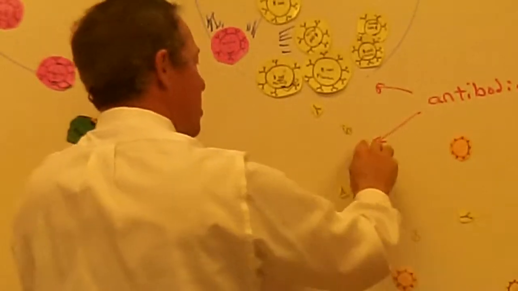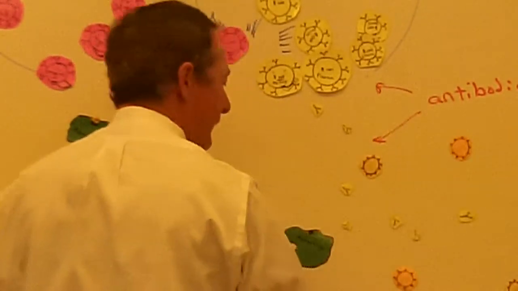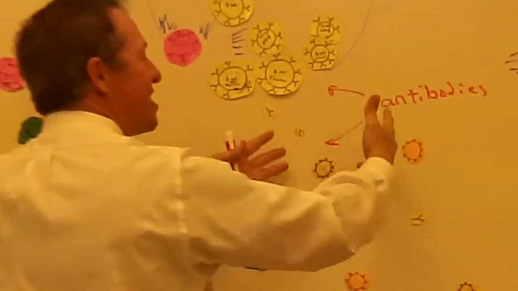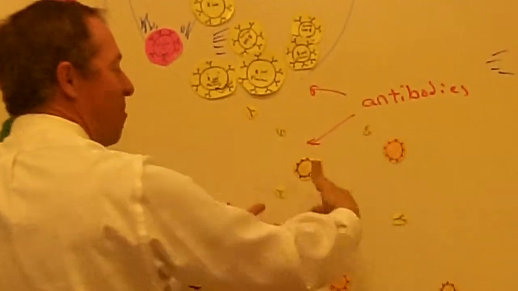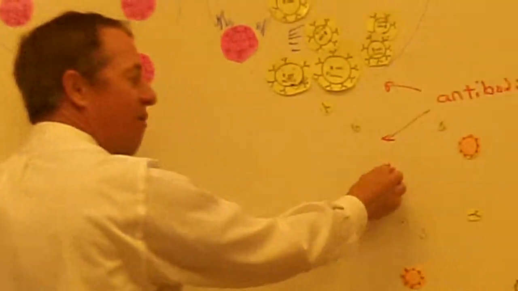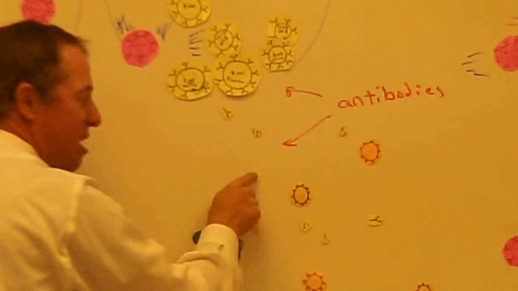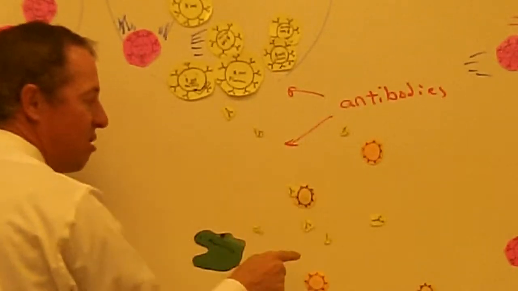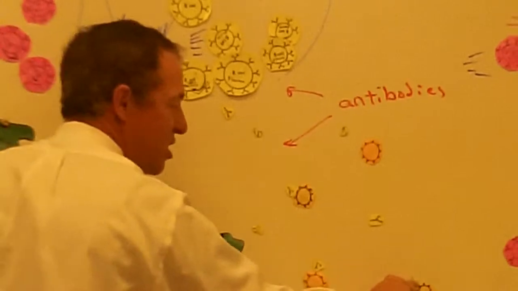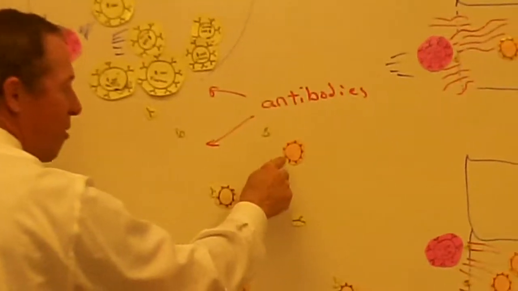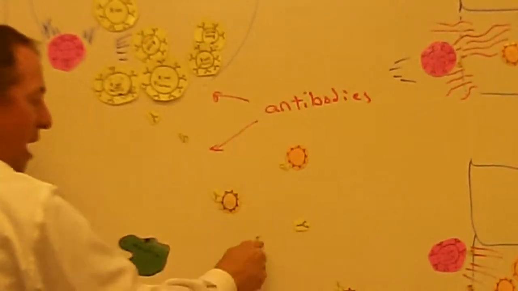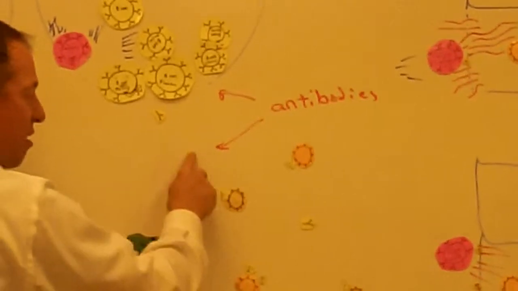I've heard it described by a professor as almost like raining antibodies inside your body. They're everywhere. They're smaller than the viruses, and so the viruses cannot avoid them. The antibodies stick to the viruses. They attach because they have the right receptor and will stick to the little spikes on all the viruses.